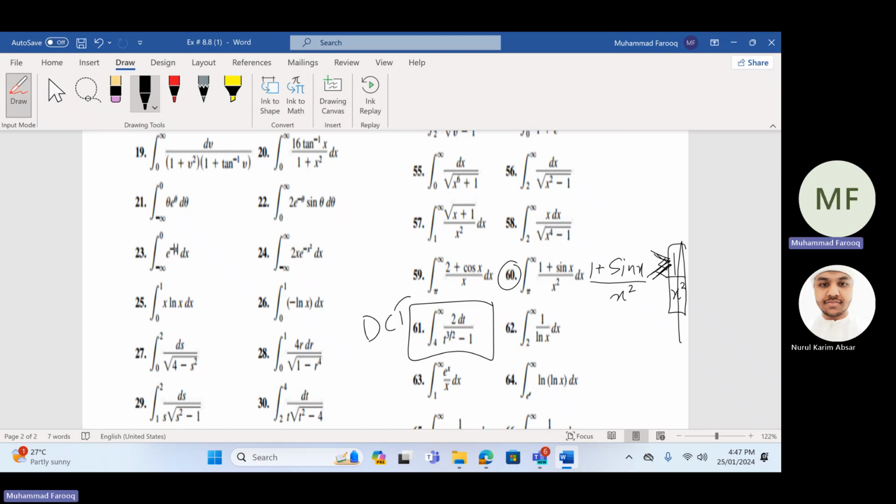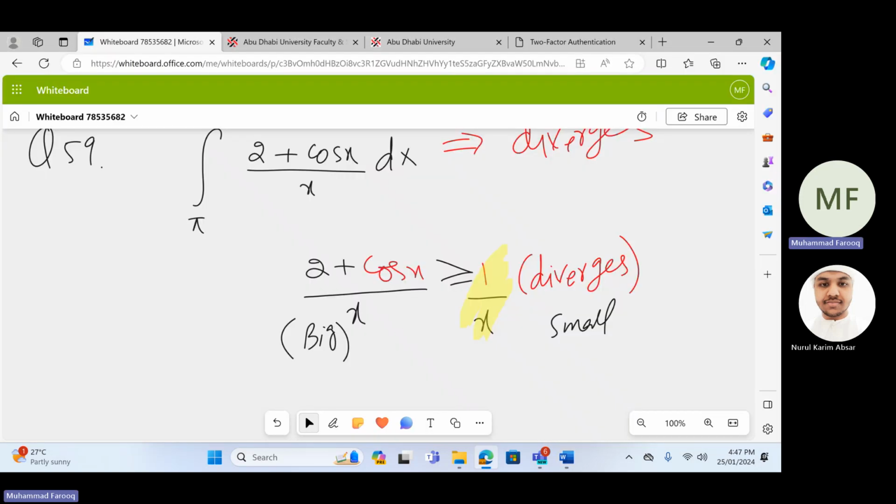Okay. Let's talk about one more method, which is much stronger than DCT. DCT is very weak, by the way. It's not a very strong method. So what is the next method of comparison? Also comparison, okay? But not with big and small, no. The second method which we can use is called LCT. DCT is direct comparison. LCT means limit comparison.